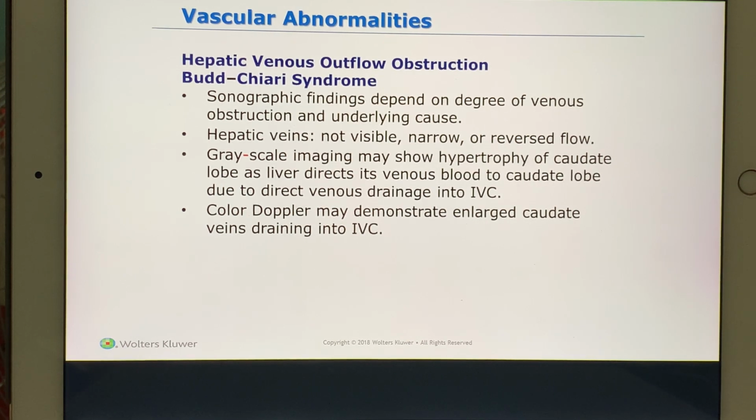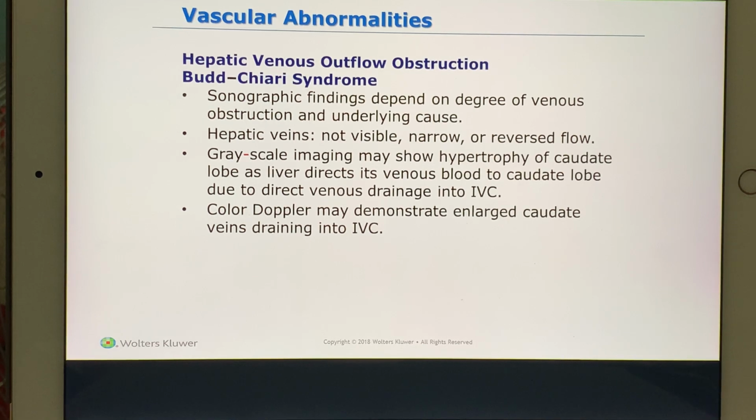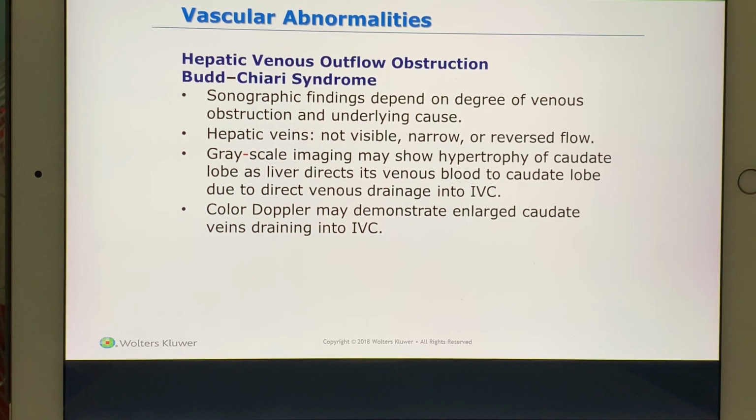So sonographic findings depend on the degree of the obstruction and the underlying cause of it. Is it caused from HCC? Is it caused from a neuroblastoma? Is it caused from a nephroblastoma? Is it because of a nephrotic liver that I can't see the hepatic vein? Is the flow reversed?